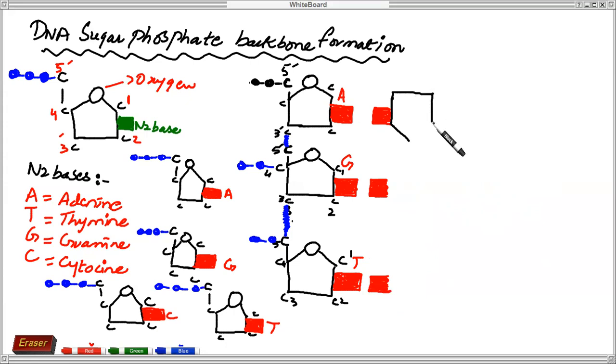Now here it is formed in an inverted way. Okay, this one is the first, second, third, and fourth.